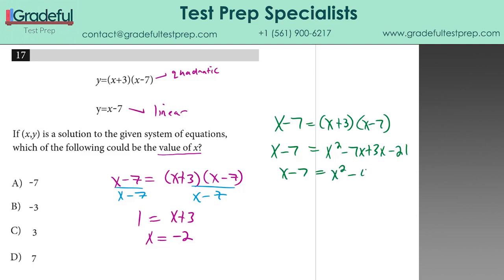X squared minus 4x minus 21. And this is a quadratic, so when you notice that your equation that you're working with is a quadratic, that's your reminder to get it equal to 0 on one side. So let's go ahead and just take away x and add 7, take away x and add 7, and we'll get 0 equals x squared minus 5x minus 14.